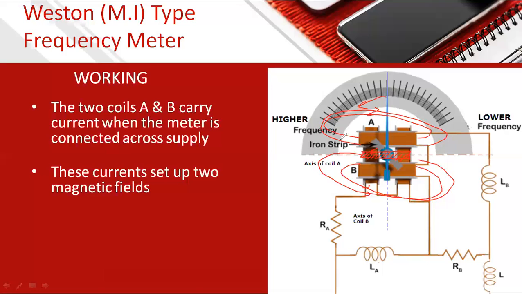This is what we have to remember. When current through coil A, IA, increases, the iron strip is moving in anti-clockwise direction, or the pointer. So the pointer moves in anti-clockwise direction.